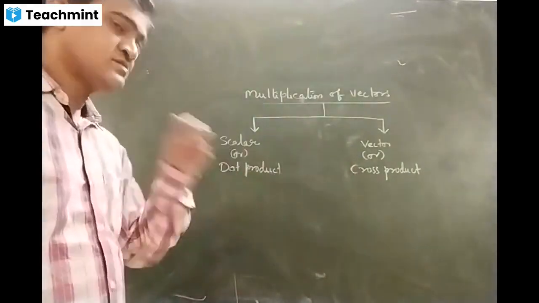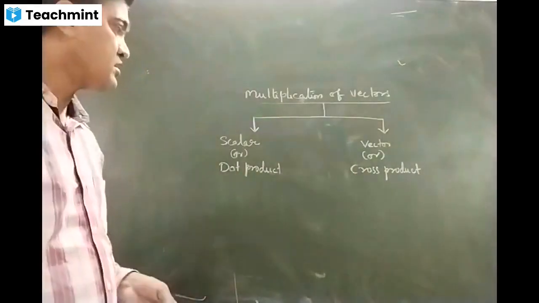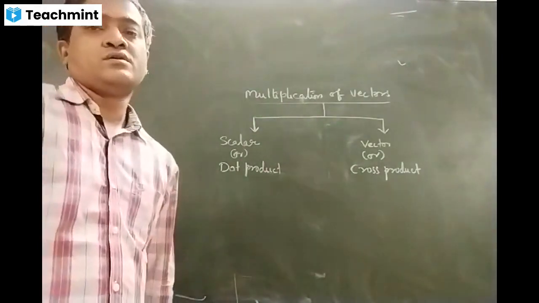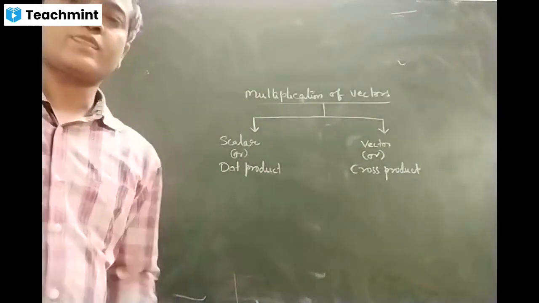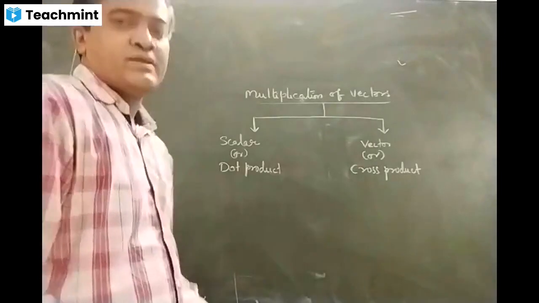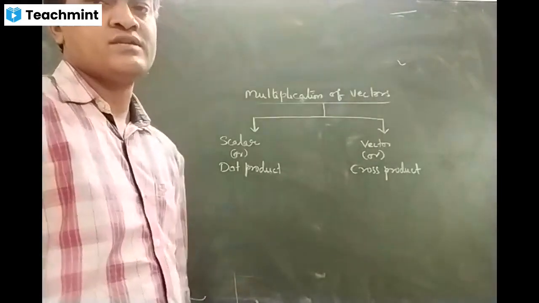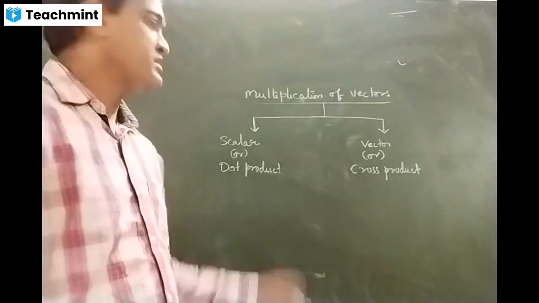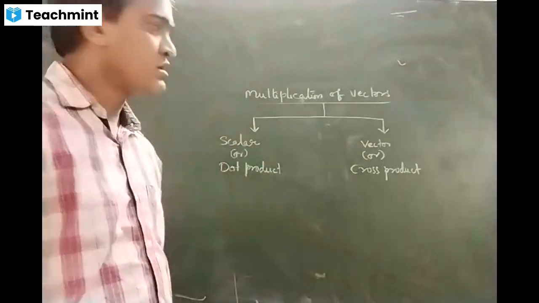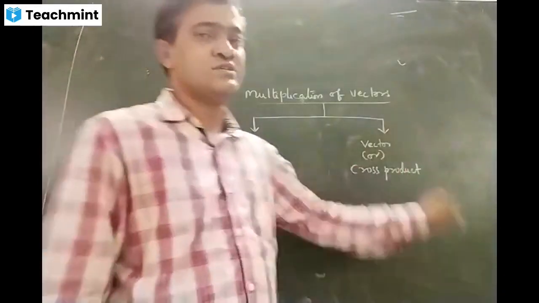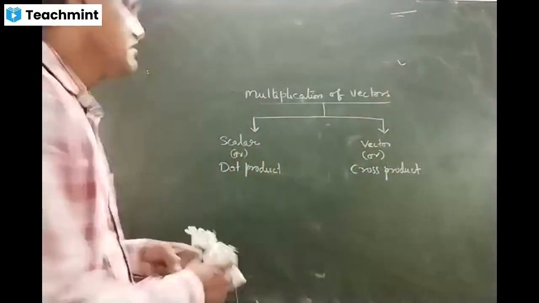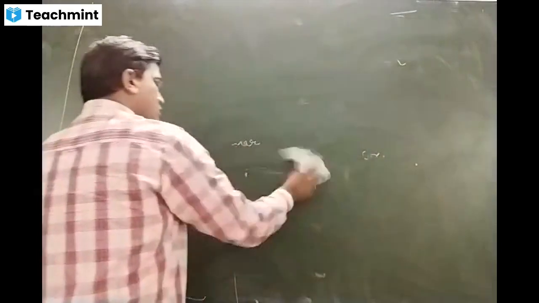Today I will take the scalar or dot product of two vectors. Multiplication of vectors is classified into two types: scalar or dot product, and vector or cross product. Now let me show you the dot product, or scalar product, of vectors.